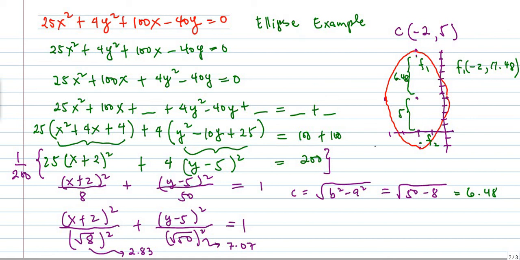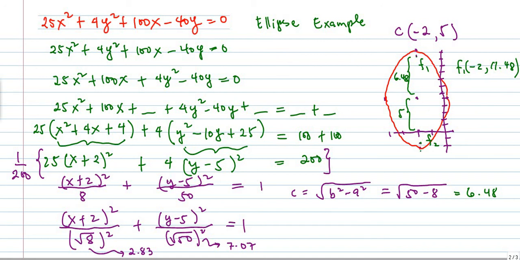Pababa naman, ilan na yung sa pababa niyan? Mag-add minus lang tayo nito. So, ang vertex natin dito, kasi may mga decimal. Nalito ako sa decimal. 6.48. And then, minus yung vertex pababa.